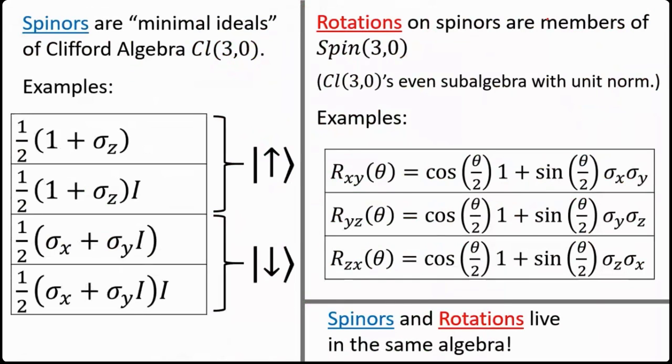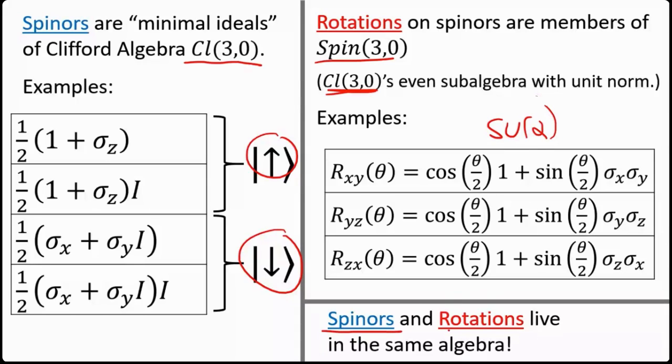Okay, so again, I'm bringing everything together. Spinors are minimal ideals in CL30. And we already learned rotations can be done with the spin group, which also lives in CL30. This is SU2. What's neat with Clifford algebras is that both the spinors and the rotations, which are SU2, live inside the same algebra.